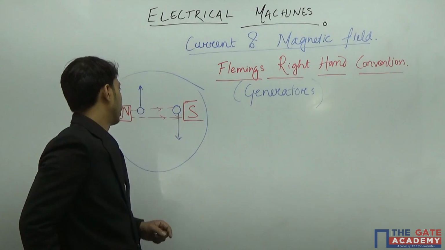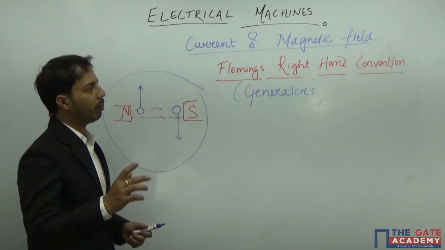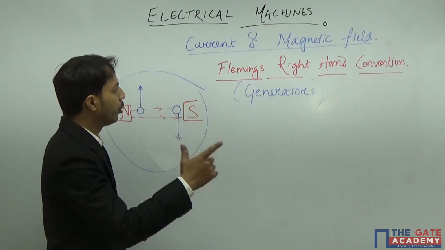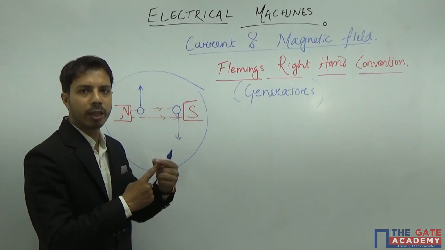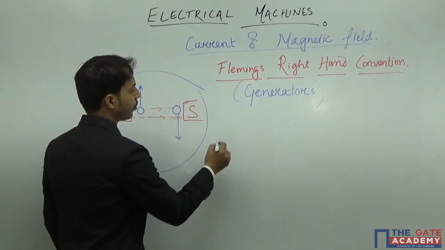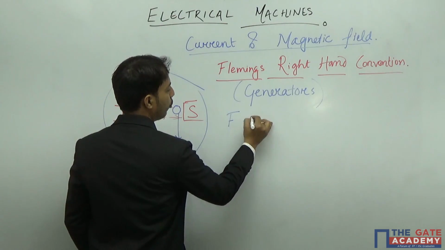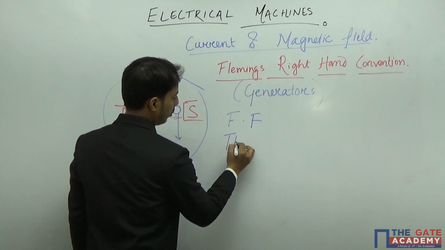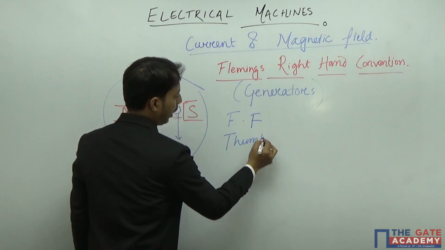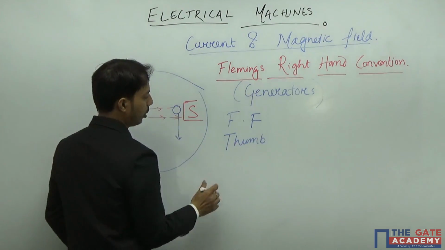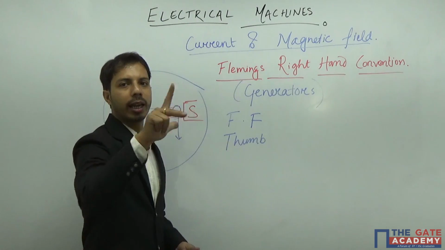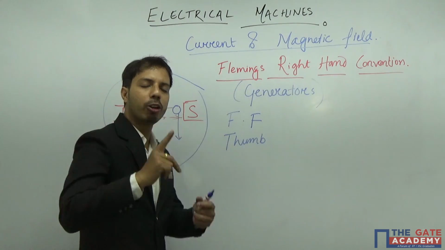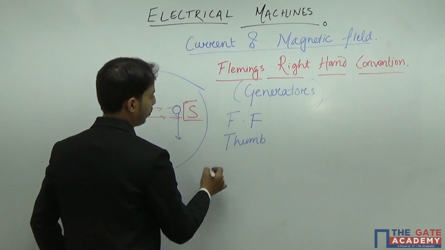That means we need to find out the EMF which is generated or induced in this particular conductor. In Fleming's right hand convention, you can see in your PPT also, we will use the forefinger, the thumb, and the second finger, and the positions will be in this particular way. They will be at right angles with respect to each other.